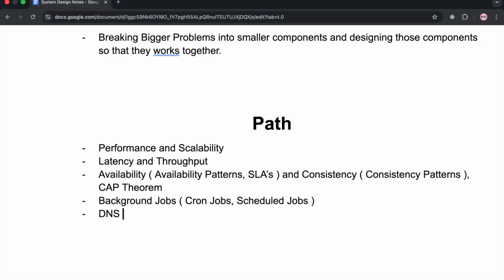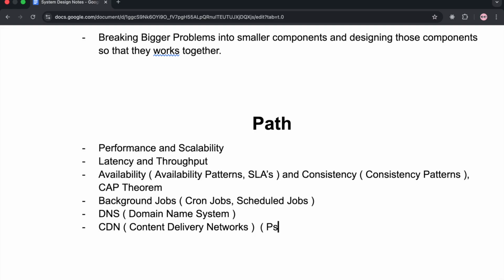We will talk about DNS, the Domain Name System, which is basically the name of your website, like www dot something dot com, which is mapped to an IP address. We will talk about CDN, the content delivery network, and both push and pull.